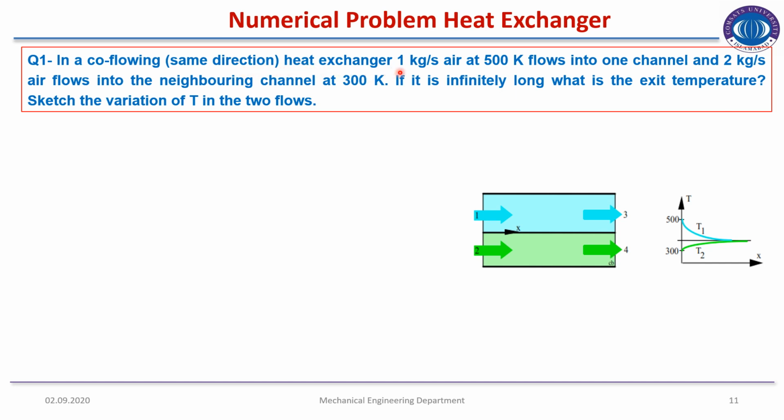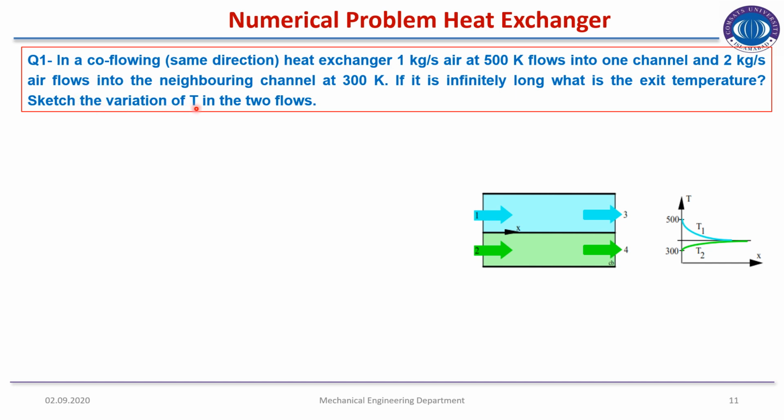Mass flow rate is given as 1 kg per second at a temperature of 500 Kelvin, flowing into one channel, and 2 kg per second mass flow rate of cold fluid, air, flows in the neighboring channel at 300 Kelvin. If it is infinitely long, what is the exit temperature? So we have to find the exit temperature.